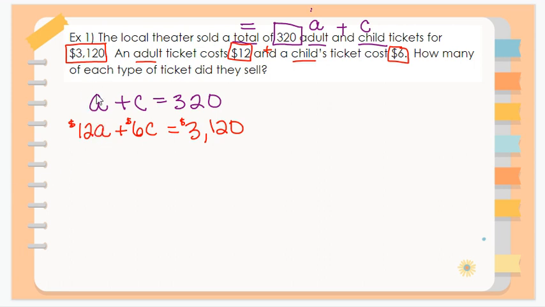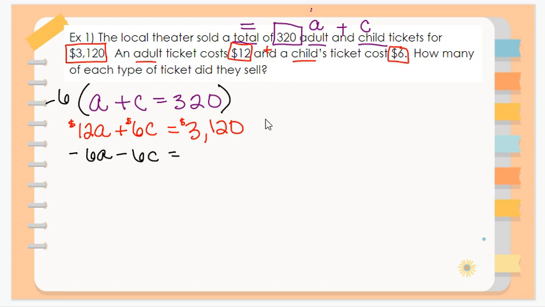We could do that by multiplying the top by 6 to make the C cancel out. It'd need to be a -6, so let's try that. I'm going to multiply the top equation by -6. So -6 times A is -6A, and -6 times C is -6C, and then -6 times 320.